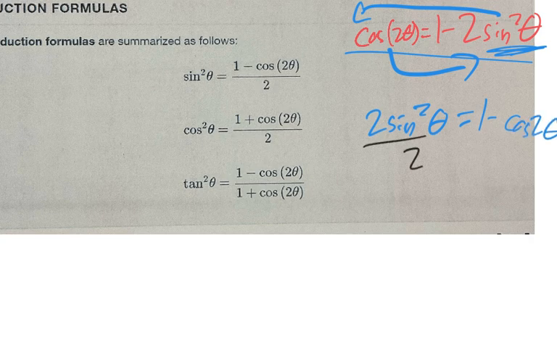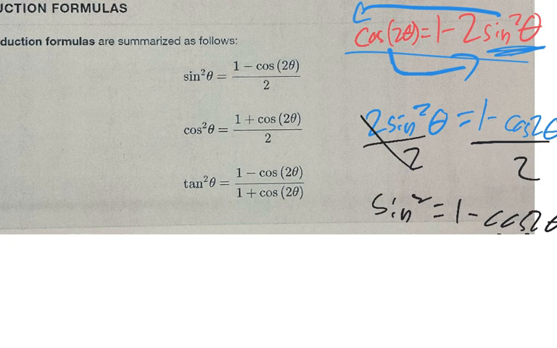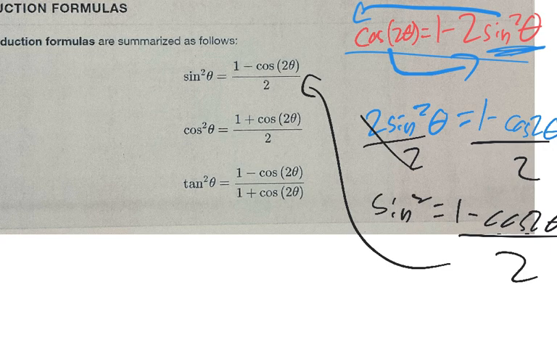And now divide everything by 2. So I'm left with sine squared equals 1 minus cosine 2 theta over 2, which is that first reduction formula. So it's just kind of using the double angle formulas and isolating the squared term in each of them.